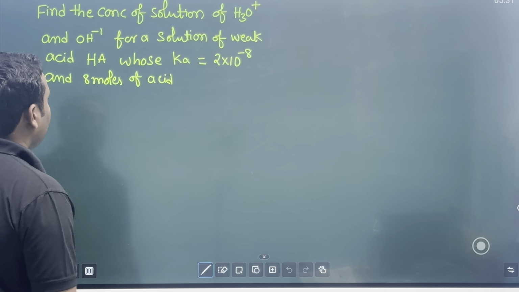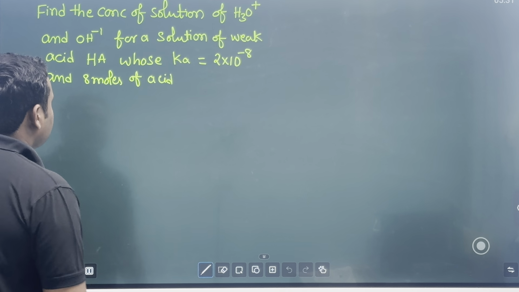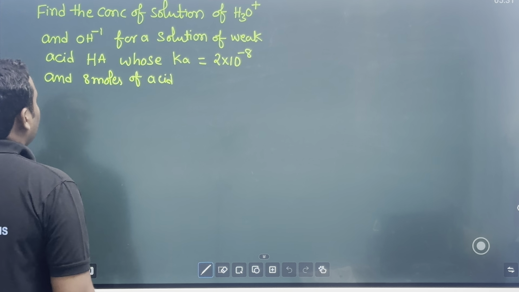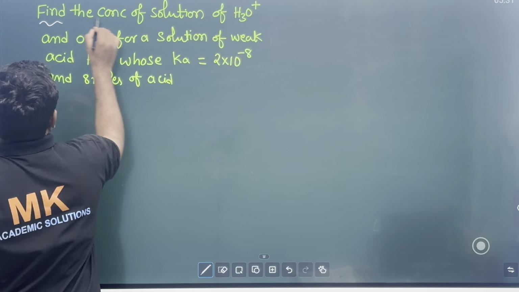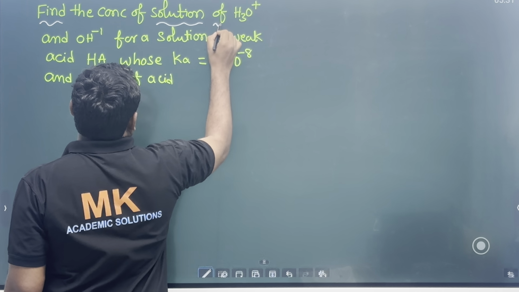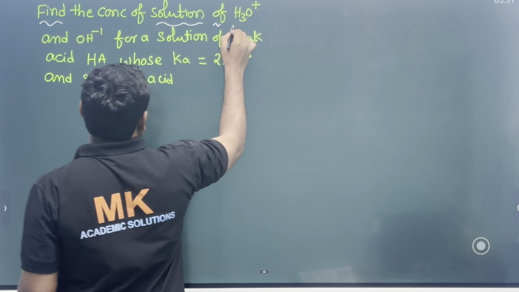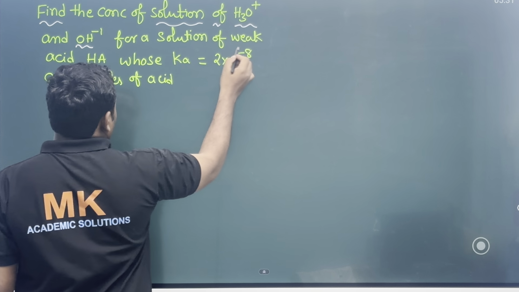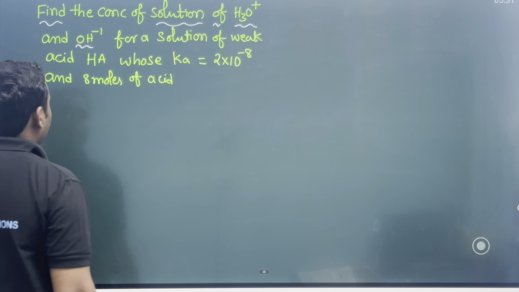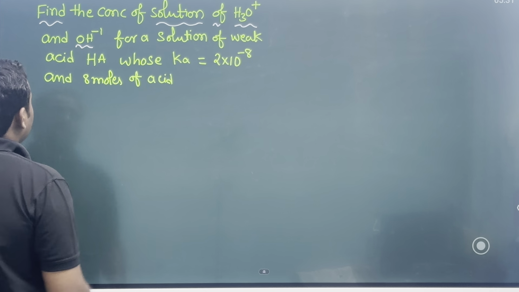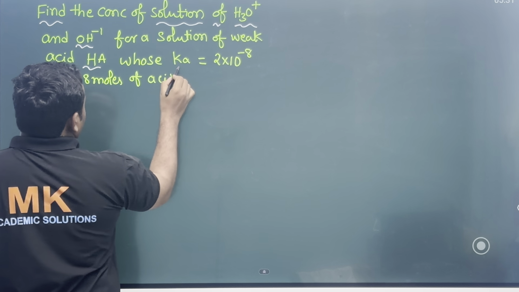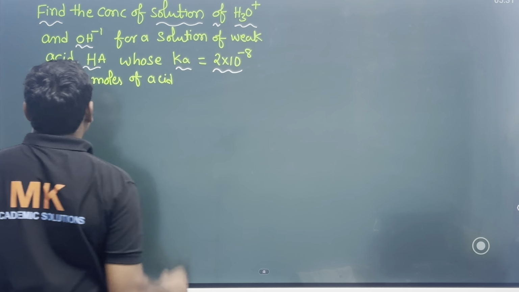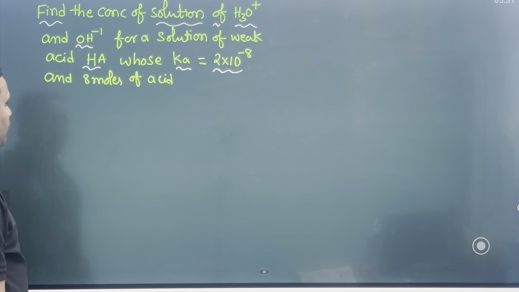Let us find the concentration of the solution. Find the concentration of the H3O plus and OH minus ions for a solution of weak acid HA whose Ka value is 2 into 10 to the power of minus 8, and 8 moles of acid is taken.